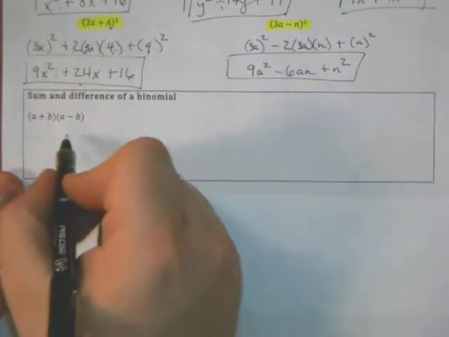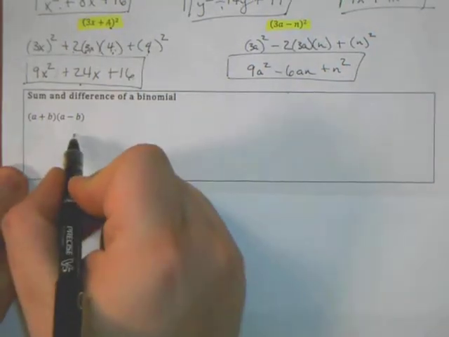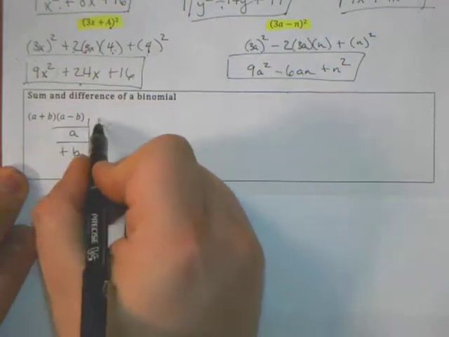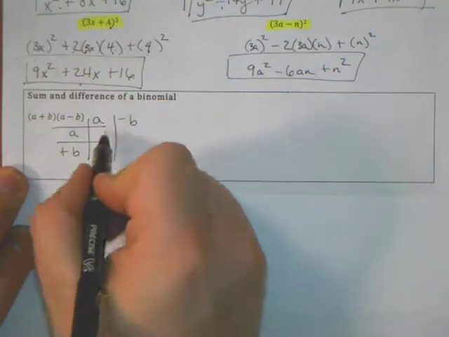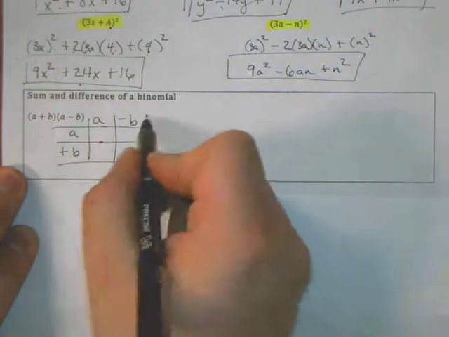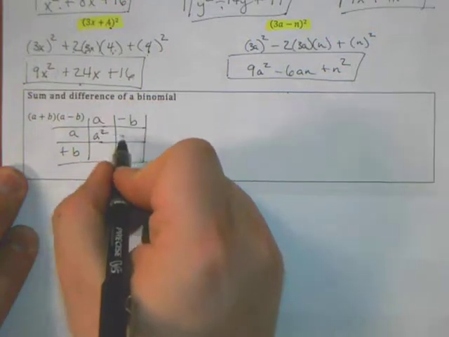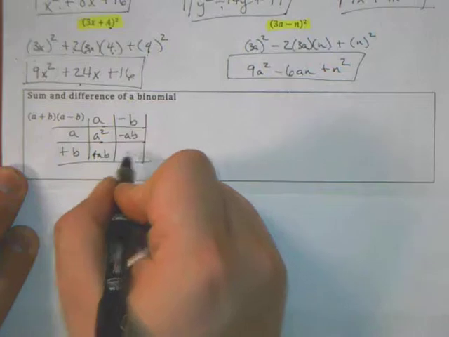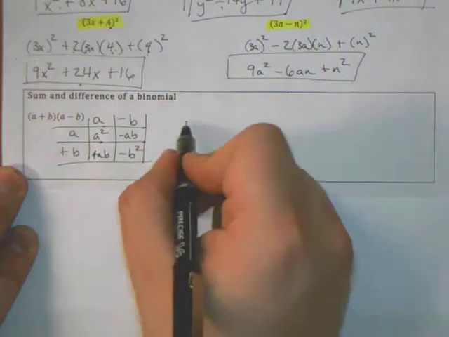If you do that same box multiplication, you get A squared minus AB plus AB minus B squared.